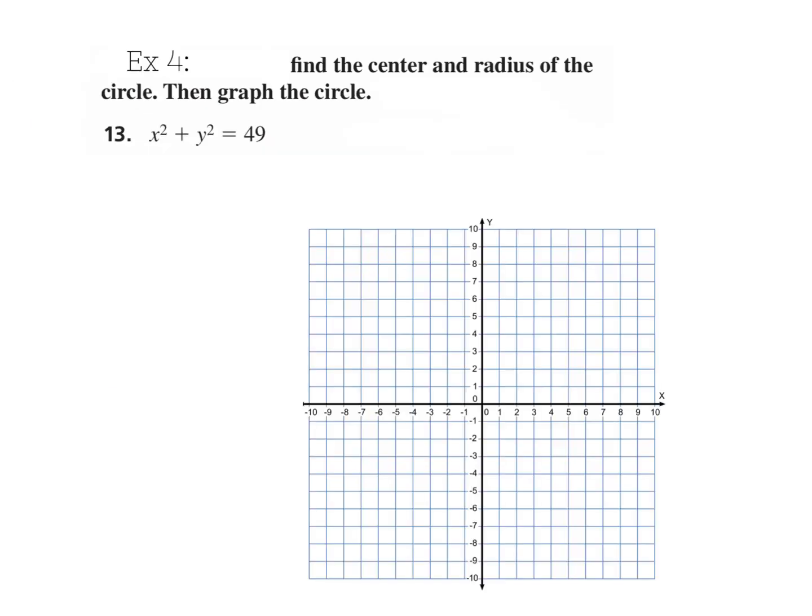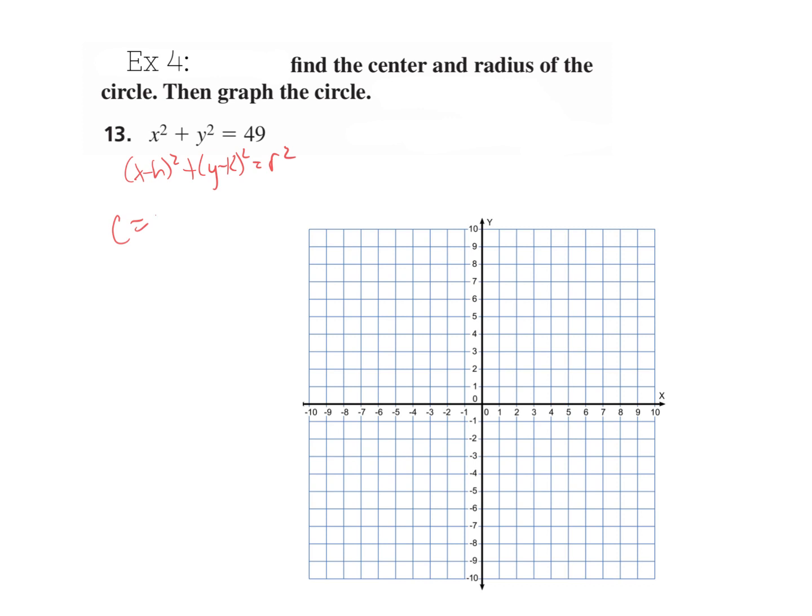So this one tells me find the center and radius of the circle, then graph the circle. So remember the center and the radius. So I do x minus h squared plus y minus k squared equals r squared, right? That's the original standard equation. My center, when I look for that, that's h and k. So when I look at this, what do y'all think my h and k is on this?